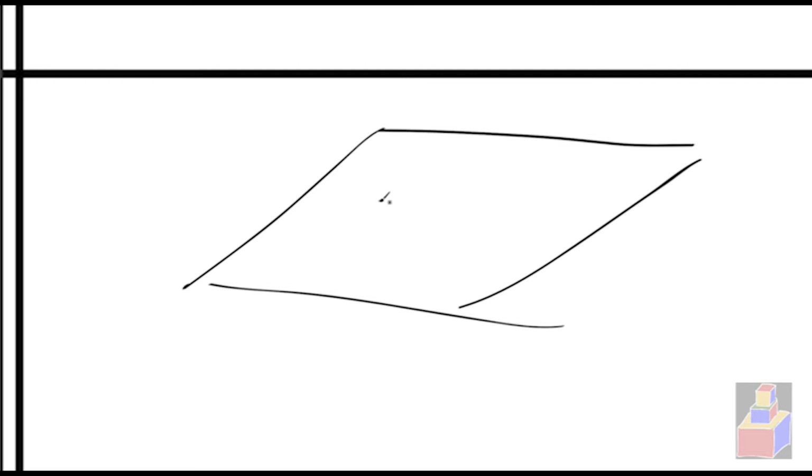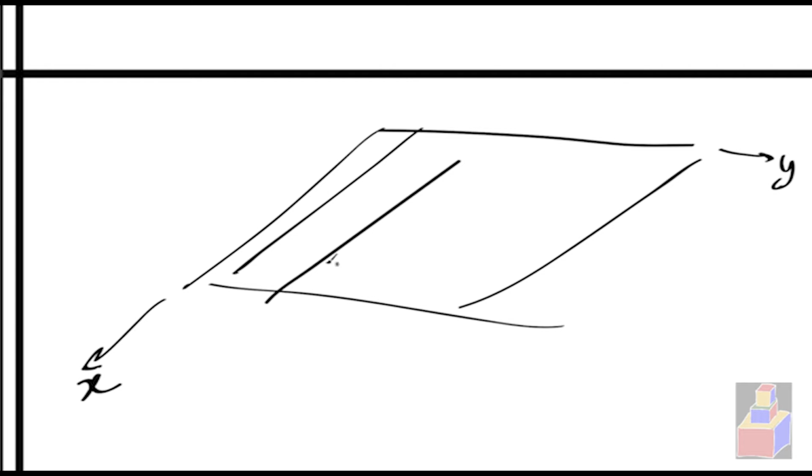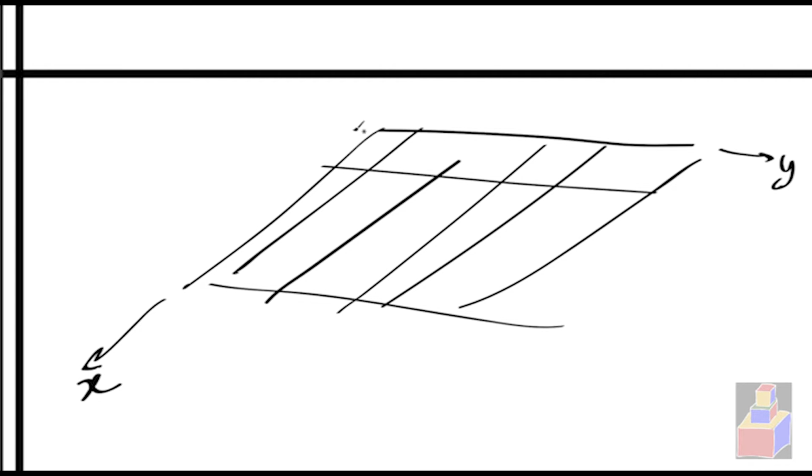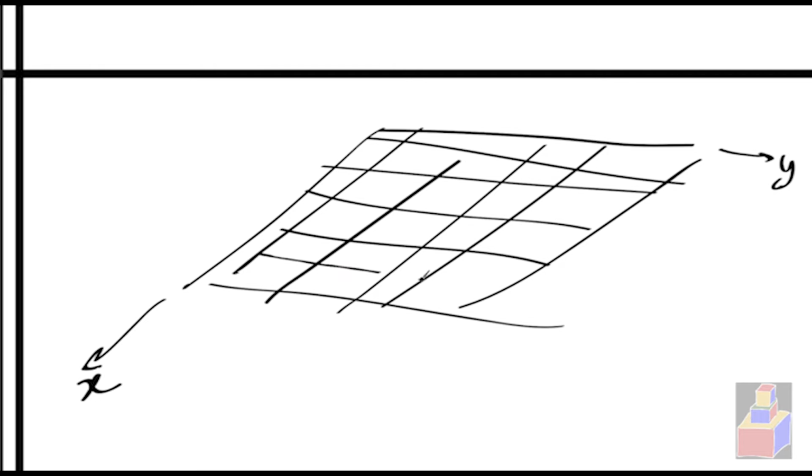Okay, so if you have a two-dimensional domain, suppose you have X and Y values. So we have an equally spaced grid. So we have X from X0 to Xn, and Y goes from Y0 to Yn.